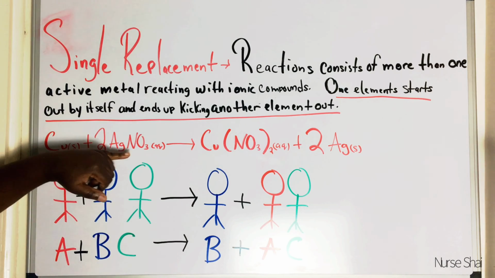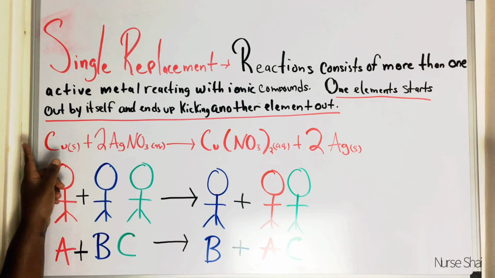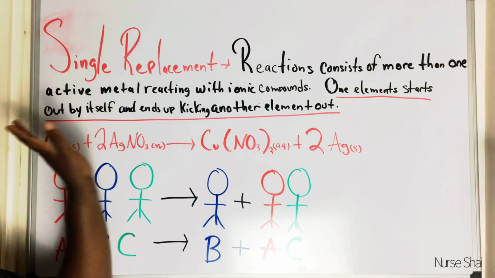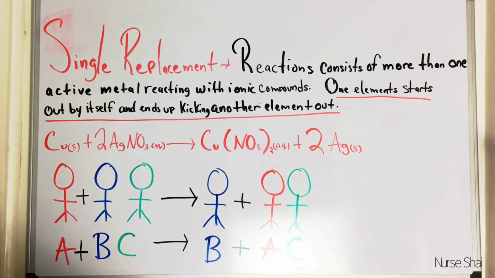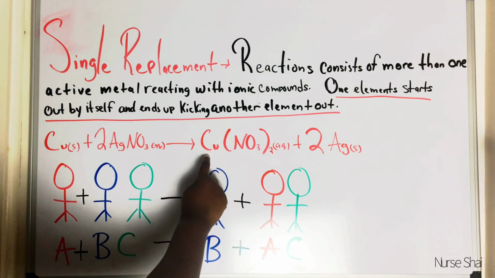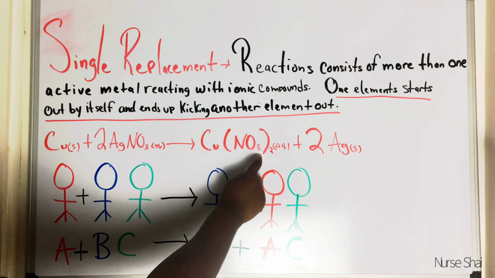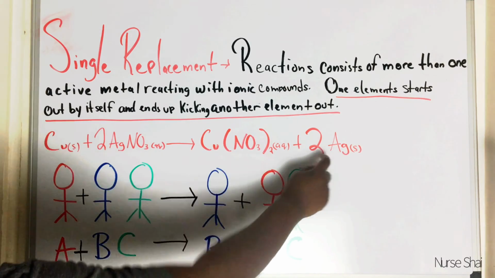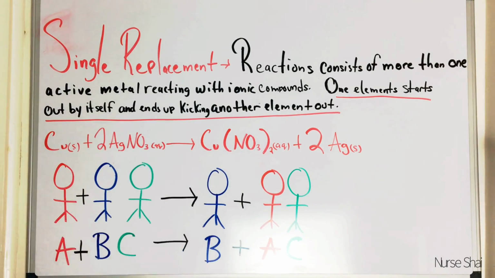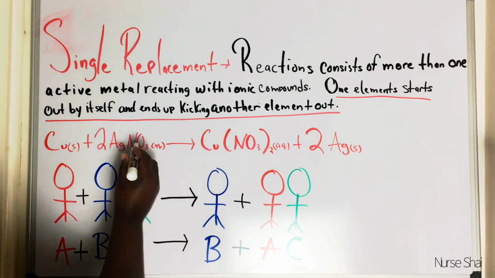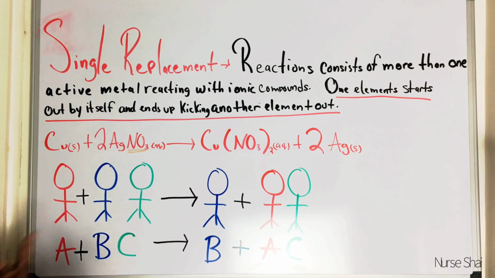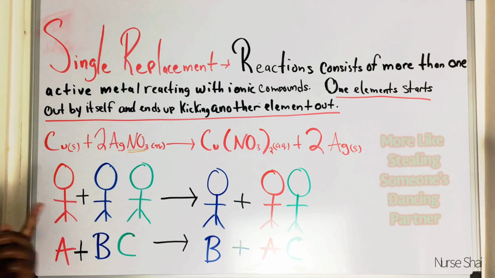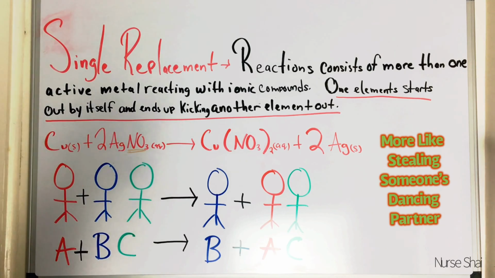We have silver, nitrogen, and oxygen, and then mix that up. What happens in a single replacement reaction is copper switches with nitrogen and oxygen, and then we see silver alone by itself, which is represented right here. So in single replacement reactions, the second reagent is the one that gets switched over. It's like switching dancing partners or something like that.